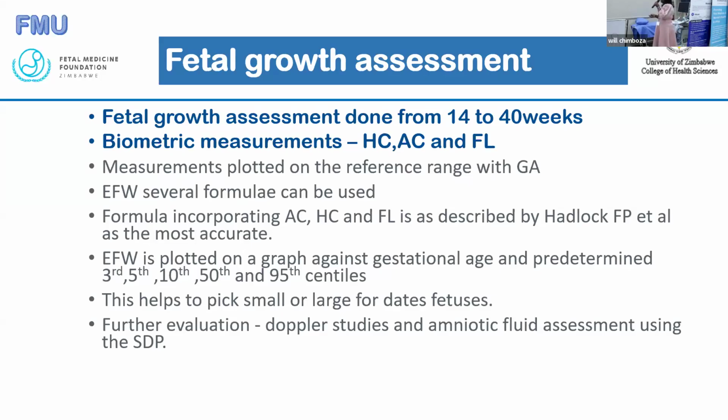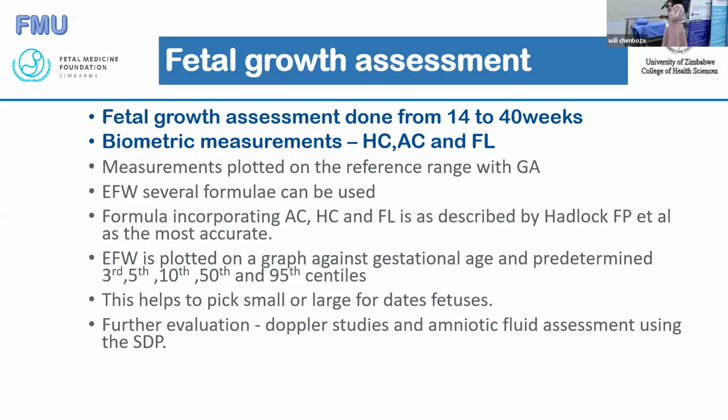Once we take these measurements, the machine will then plot on the estimated fetal weight graphs where we have the 3rd to the 95th centile. And then we have to check where the baby is falling in terms of the centiles. If they are falling below the 10th centile, then it means they are not doing well, they are small.